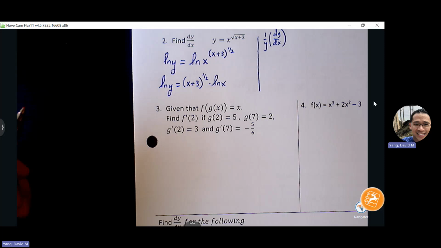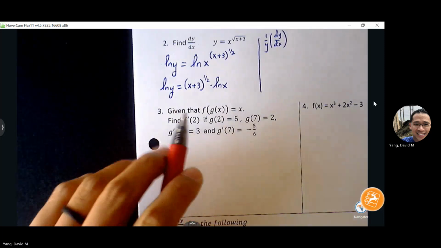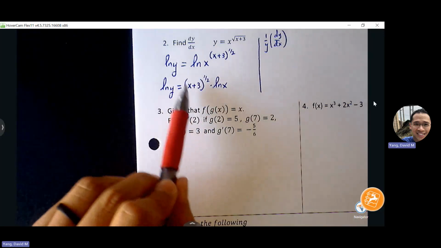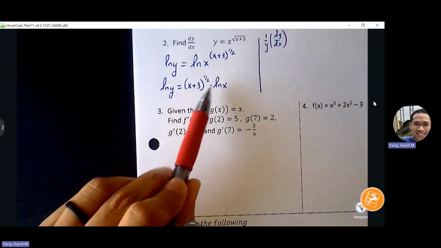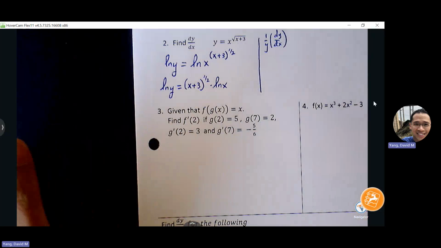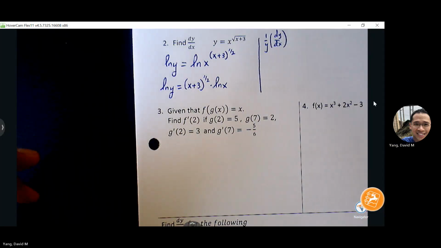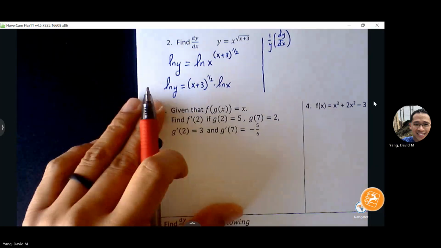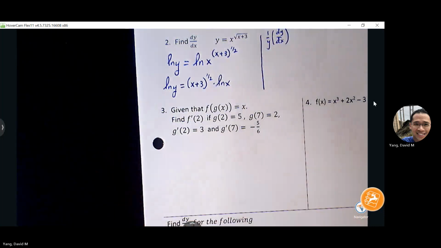Okay, it's part of it. Not implicit. We do implicit if you see y's involved, right? But there's no y's involved here. What else? How many terms do you see there? 2.